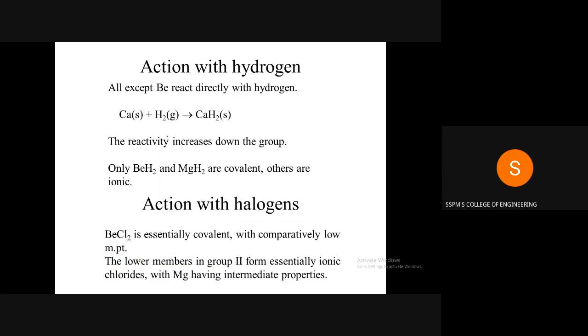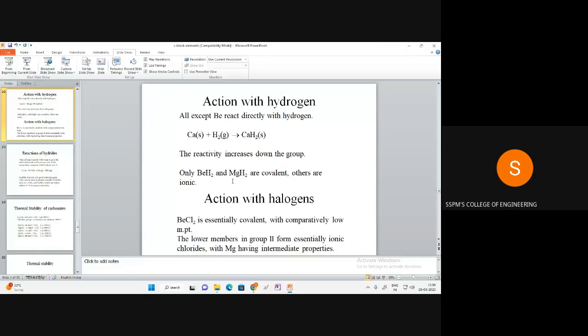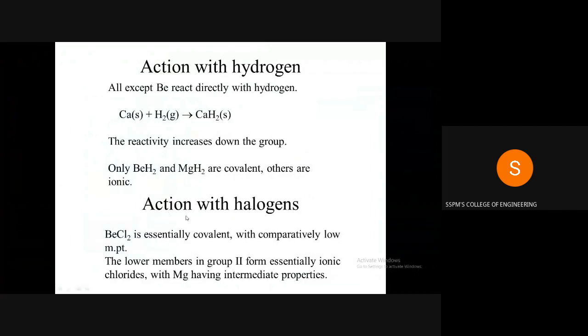Similarly, action of halogen: barium reacts with chlorine to form barium chloride, and beryllium forms beryllium chloride, BeCl2, and calcium hydride.